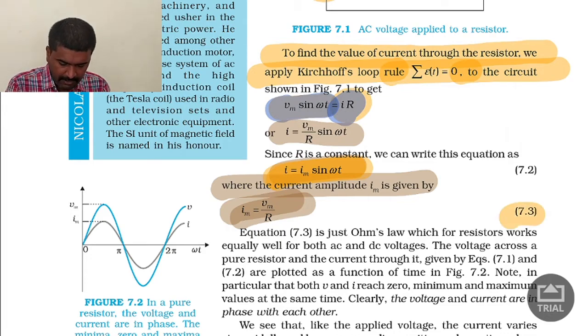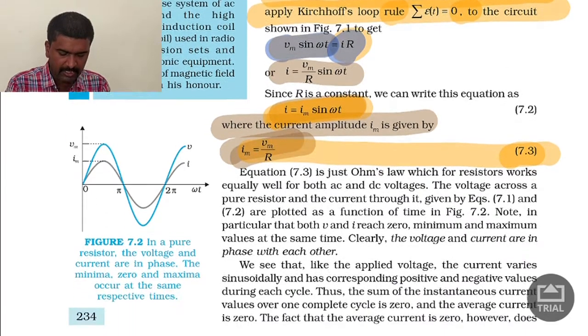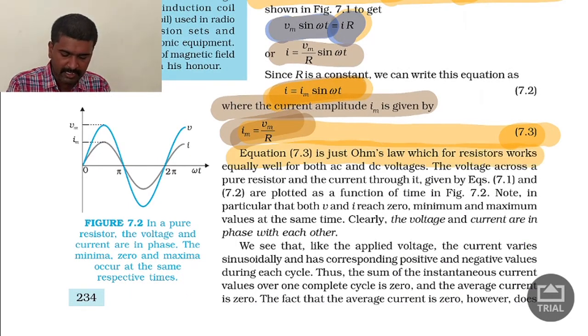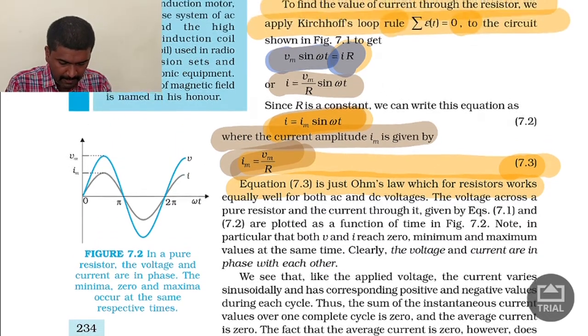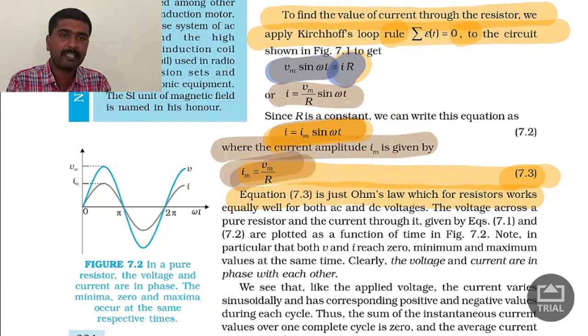Now equation 7.3, let's say this is 7.3, is just Ohm's law for resistors, which works equally here. I got this because if I have a direct voltage V and I connect it to a resistor, then the current produced in the resistor will be V by R, and that V is the voltage across the resistor.